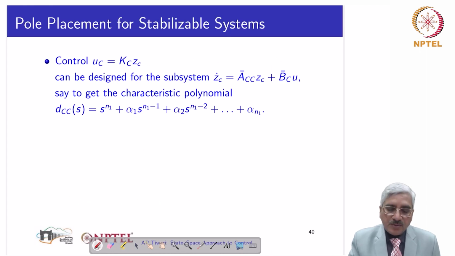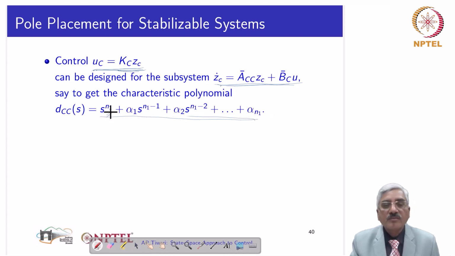Now we design the controller only for the controllable part. So say that controller is K_C Z_C. This is the controllable part. So for this we design this controller, and the objective is to get a desired characteristic equation which is of order n1.